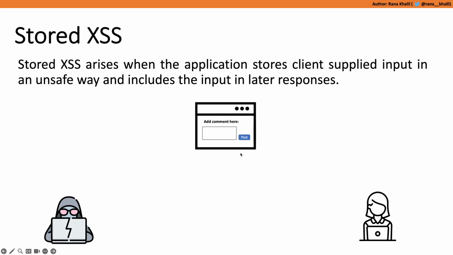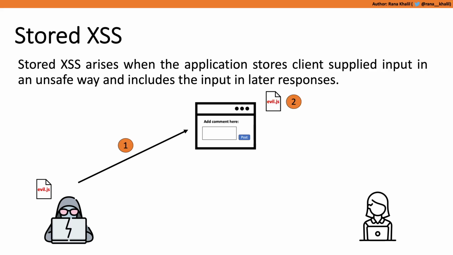In this case, if the input is not validated in the backend, then the attacker could simply inject his malicious script in the comment field, post the comment, and this way anyone that visits the page, the malicious script ends up getting executed in their browser. So not only does stored XSS no longer require you to deliver the exploit to the victim user through a phishing link, but now you can also compromise a ton of users. Anyone that visits the page can be compromised.